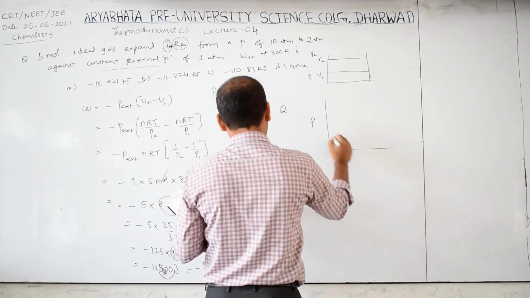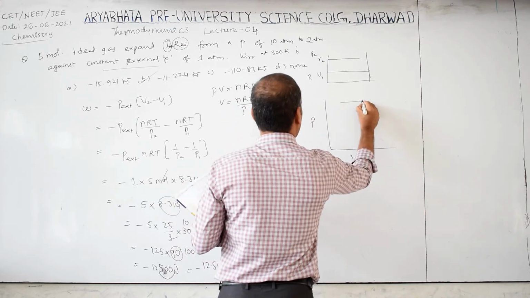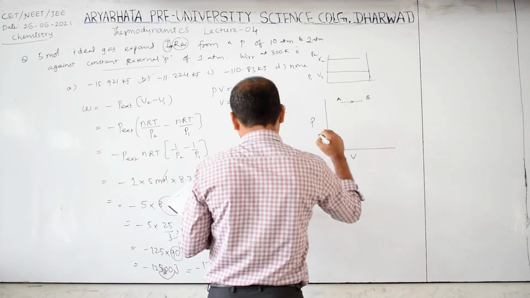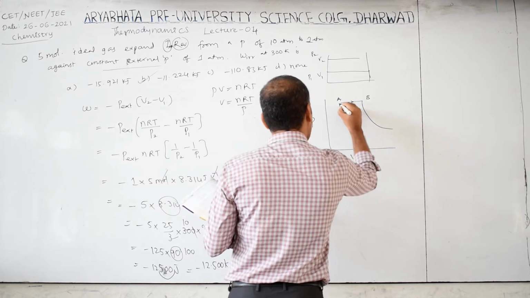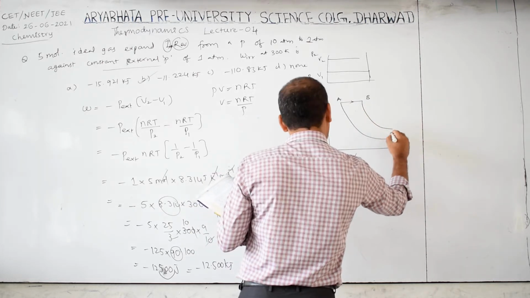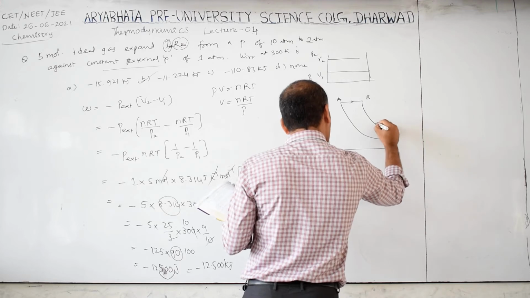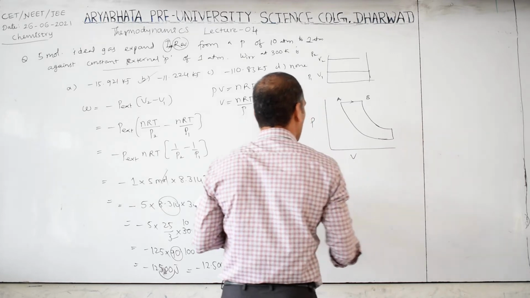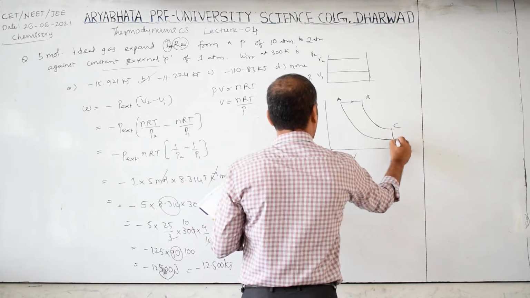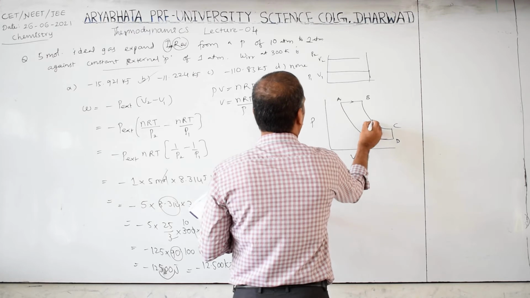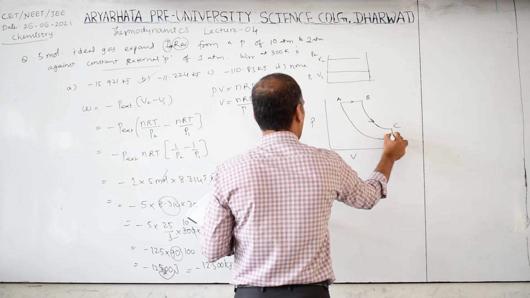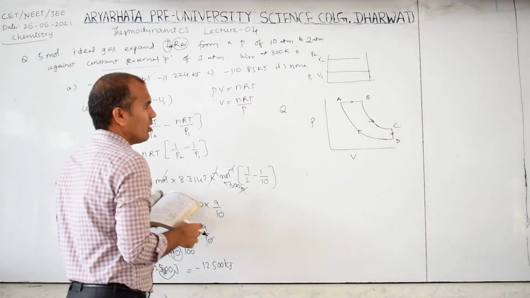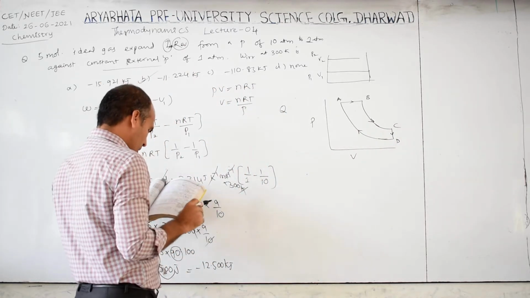This is pressure, this is volume, this is point A to point B, like this. Then this is C, this is D, again this goes to A. Like this it is given. Which graph represents this?